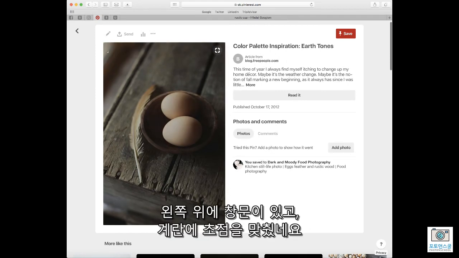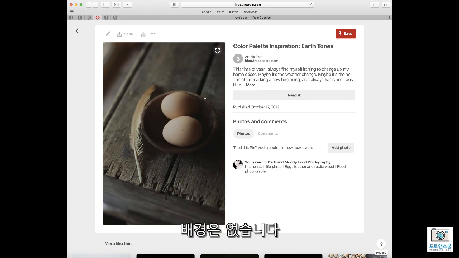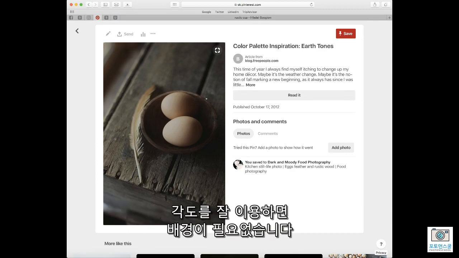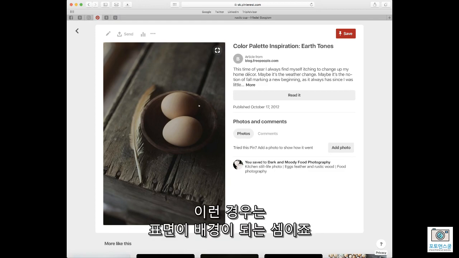Here you can see the window. It focuses, of course, on the X, and there is no background. You will see in a later section, when we talk about backgrounds and playing with angles, that if you play well with angles, you don't even need a background. So your background is the surface itself.